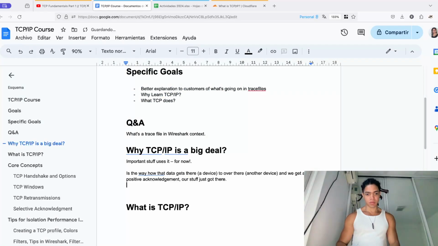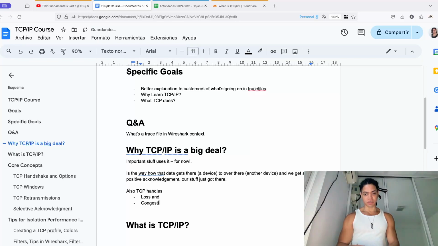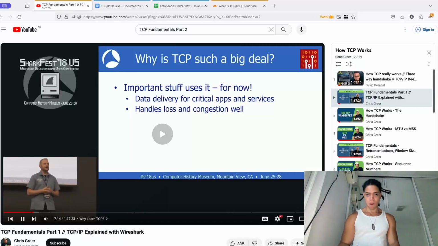TCP handles loss and congestion really well. TCP is smart.